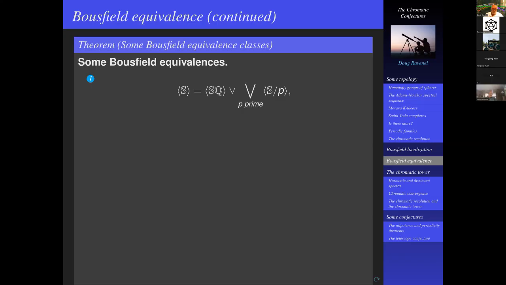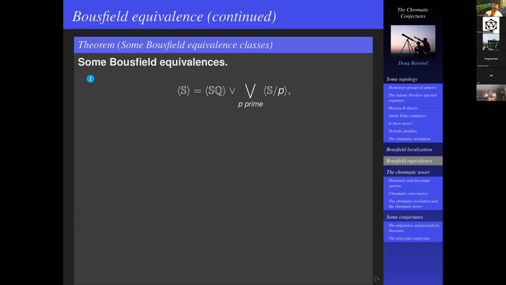So on the left, we have an infinite wedge of things: the rational sphere, and then the mod P sphere for all primes P. So this is an infinite wedge decomposition.